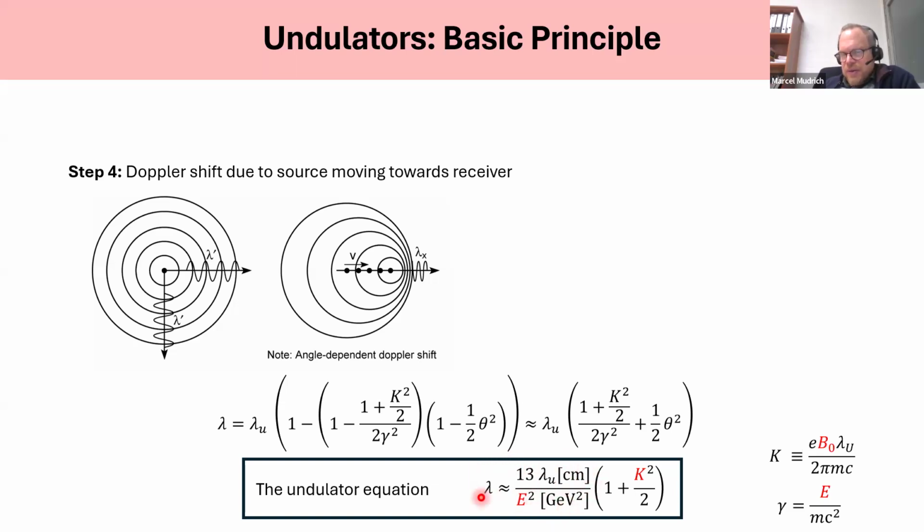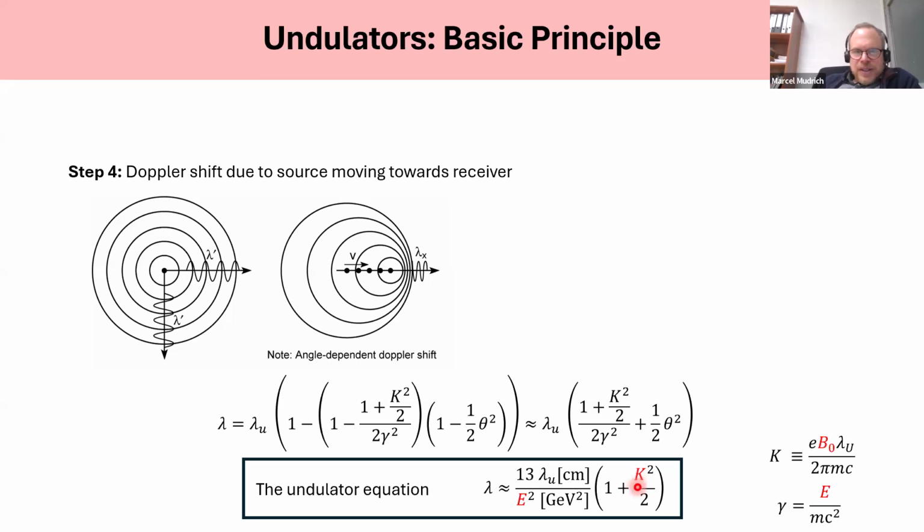This is a rule of thumb that can be used for estimating what the wavelength of the radiation should be, plus this extra term containing the undulator parameter, which is typically smaller than 1 for undulators.